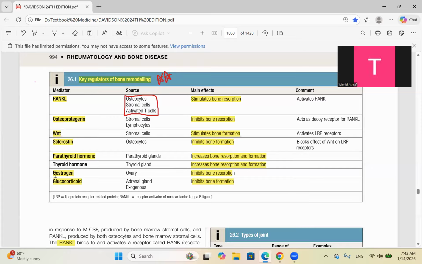Estrogen. We know one term, postmenopausal osteoporosis. Menopause means cessation of menstruation. When a lady has undergone the aging process, she has menopause. After menopause, some of them suffer from osteoporosis.